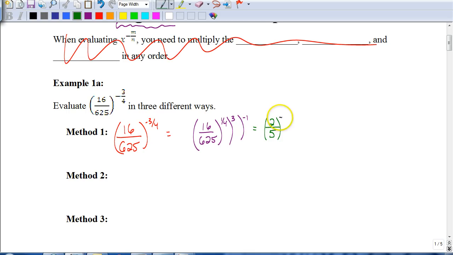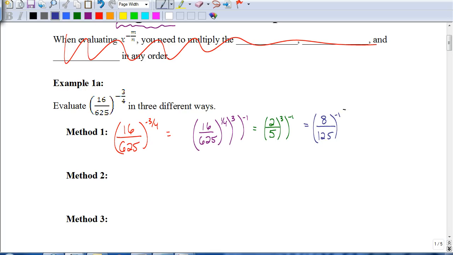So now I took the 4th root, so I'm going to move on to take it to the 3rd power and then apply my -1 exponent. When I cube everything, take it to the 3rd power, 2 cubed is 8, and 5 cubed is 125. So now what's left is just my -1 exponent.